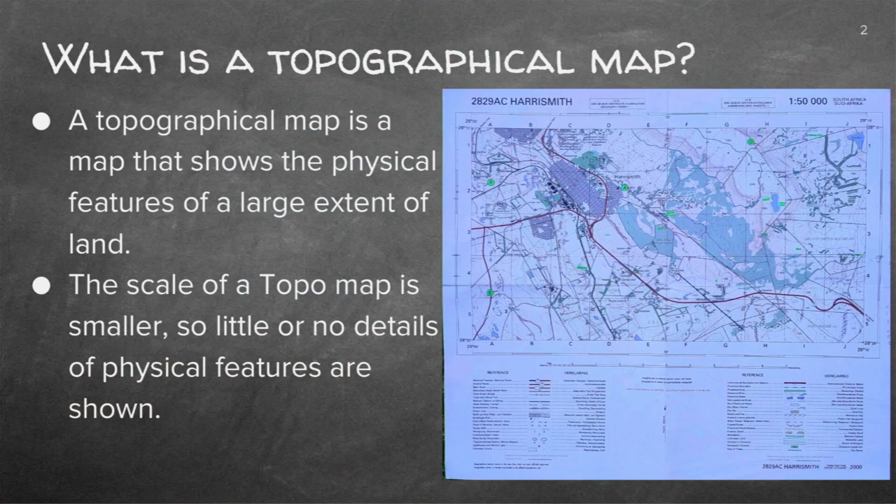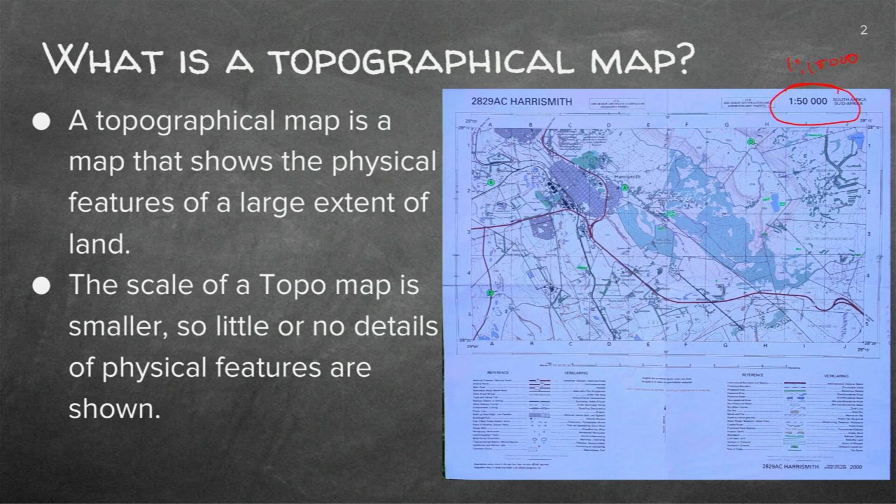A topographical map is a map that shows physical features of a large extent of land. Why is a topographical map able to pick up a large extent of land? It is because the scale is smaller than the orthophoto map scales that we learned in the last lesson. Remember, orthophoto map scales are 1:10,000, and on such maps you see a lot of details.